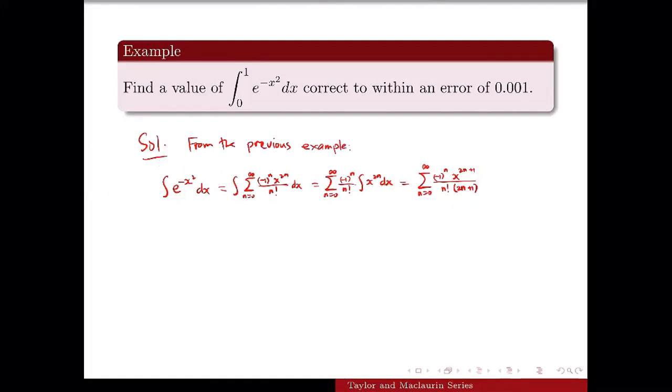We have this, there's a plus c, of course. So if we evaluate this, we will have the integral from 0 to 1 of e to the minus x squared dx. This is just the sum, n equals 0 to plus infinity, negative 1 to the n, x raised to 2n plus 1 divided by n factorial times 2n plus 1. And we evaluate this from 0 to 1.